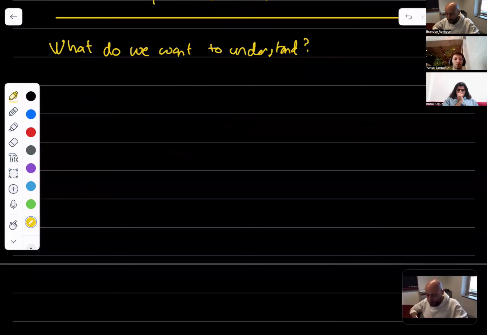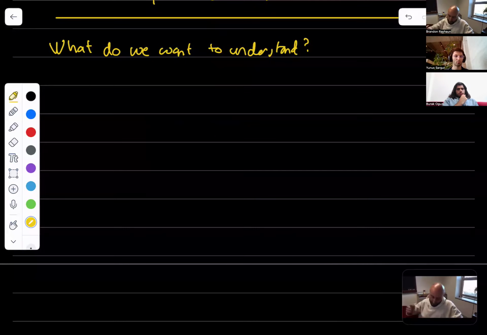Namely, suppose I give you a defect in the UV. Let's suppose the bulk theory is already at a fixed point, already a conformal field theory. And I insert some kind of defect in the UV. What does that defect look like at long distances or at small energies?